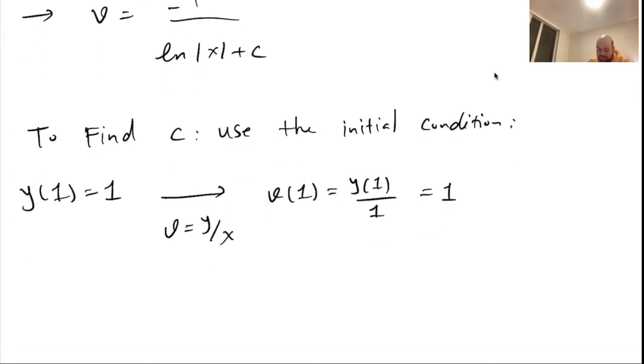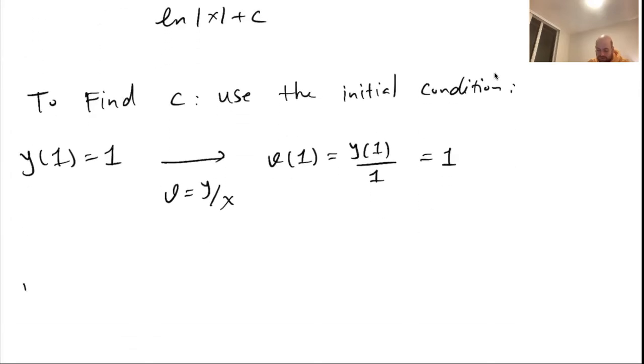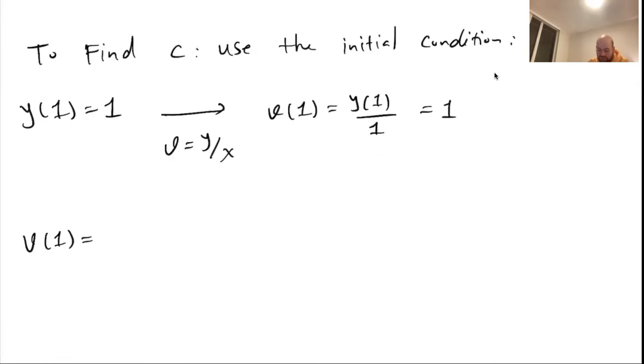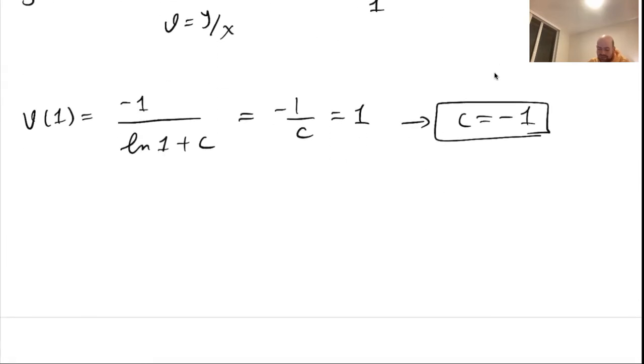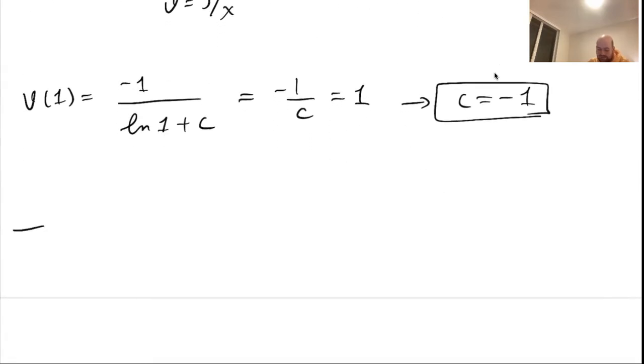But what is v of 1? v of 1 will be minus 1 over ln 1 plus c. And that's minus 1 over c, which is 1. So that gives me c equals minus 1.